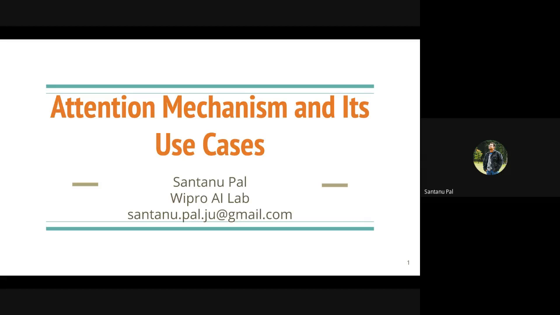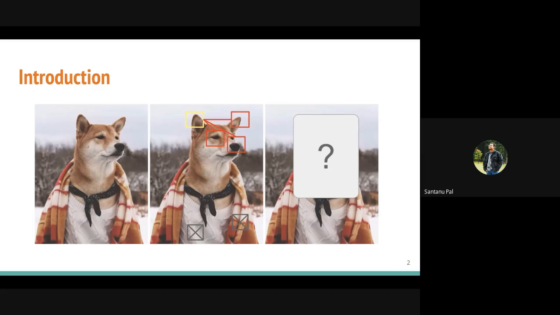So let's begin with attention mechanism and its use cases. Before starting, we can consider what attention is. Actually, attention is not new. If you see on the left side, you can easily identify a dog who is wearing some sweater and blanket on his shoulder.